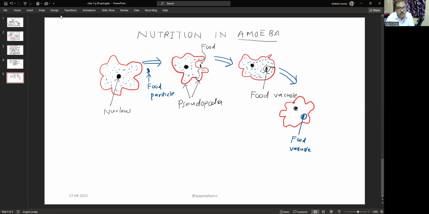Very nice. Nucleus is present in the parts, and pseudopodia is the part in the amoeba with the help of which it takes the food.